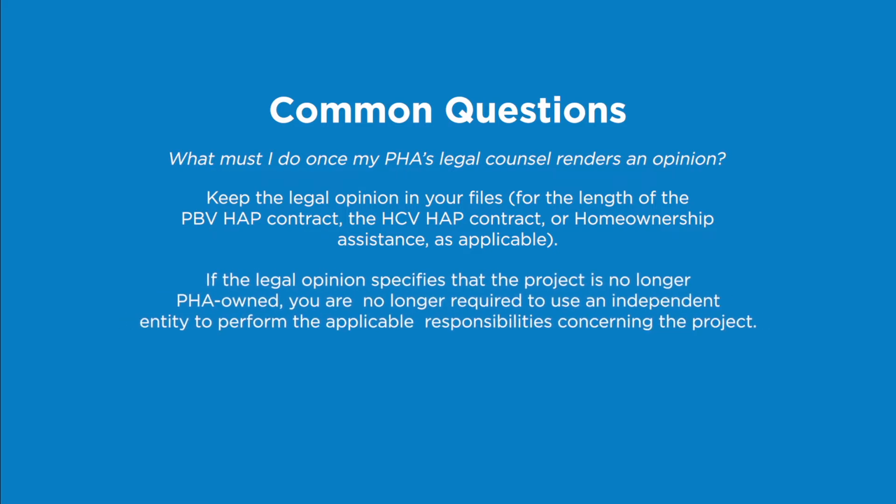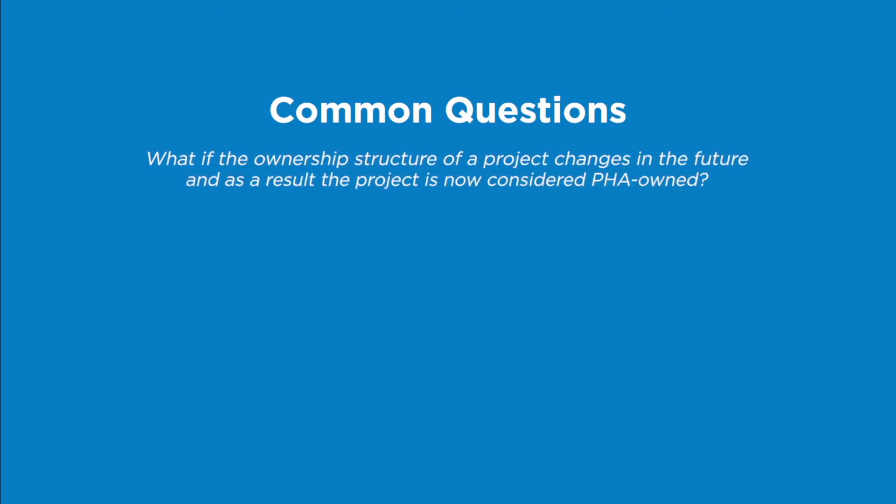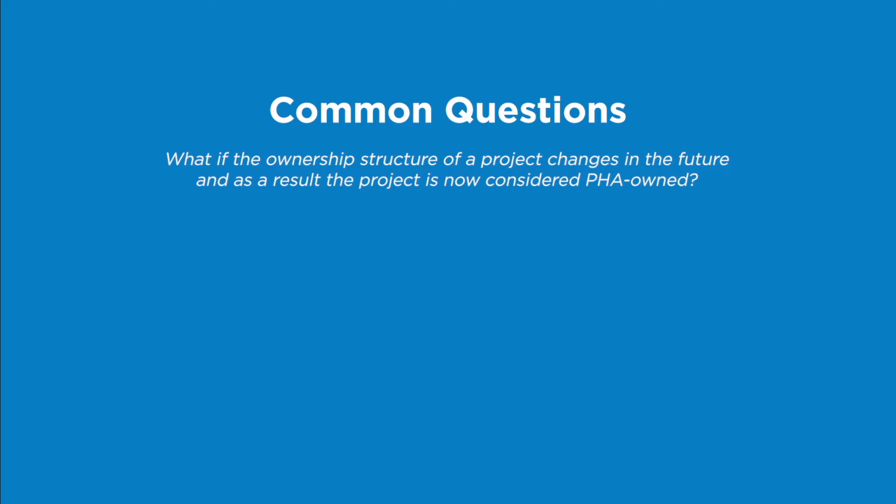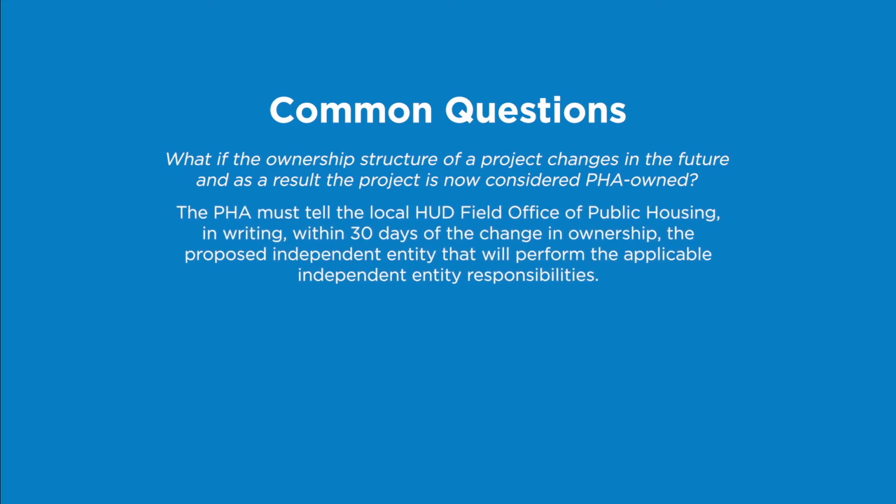If the legal opinion specifies that the project is no longer PHA-owned, you are no longer required to use an independent entity to perform the applicable responsibilities concerning the project. What if the ownership structure of a project changes in the future, and as a result, the project is now considered PHA-owned? The PHA must tell the local HUD Field Office of Public Housing, in writing, within 30 days of the change in ownership, the proposed independent entity that will perform the applicable independent entity responsibilities.